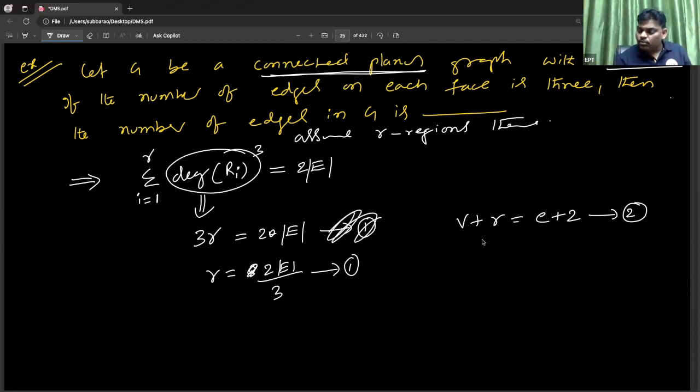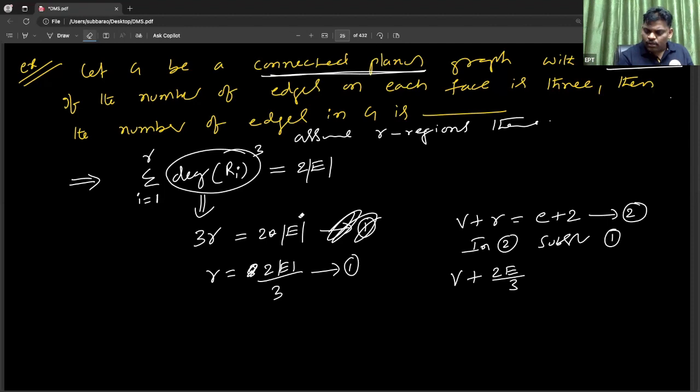Substitute 1, then V plus R is going to be 2E by 3. Capital or small, it's up to you. So I am changing this one.